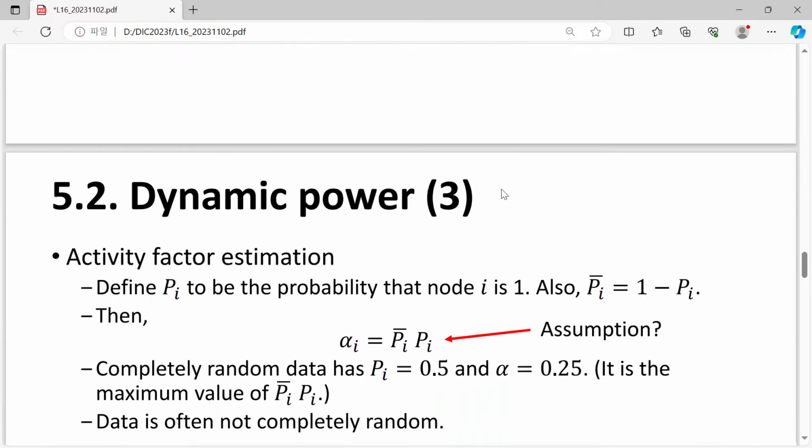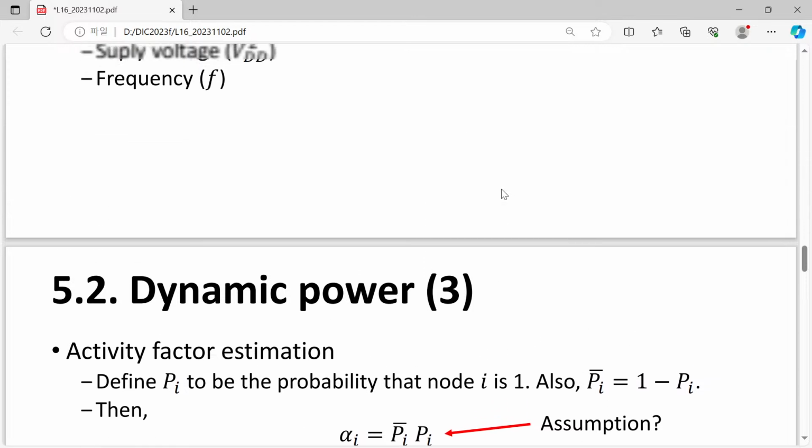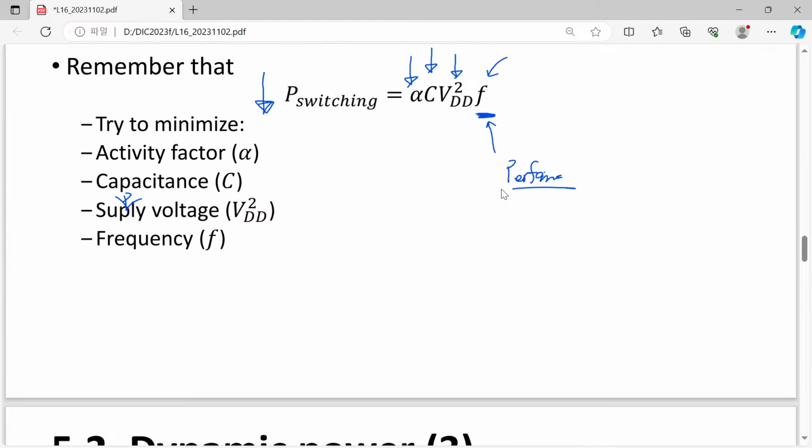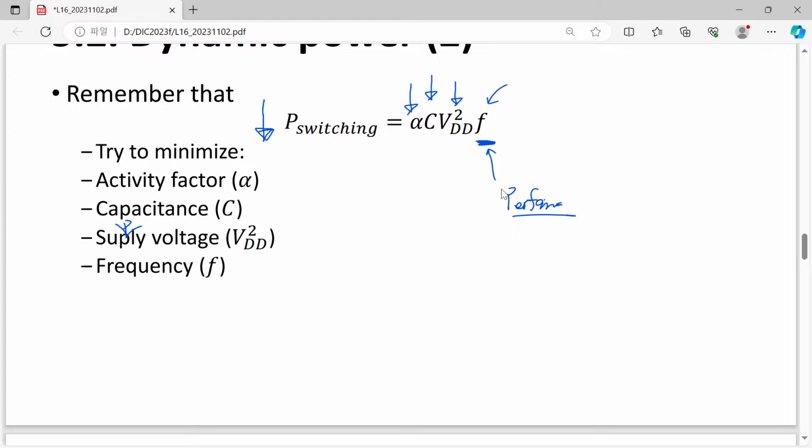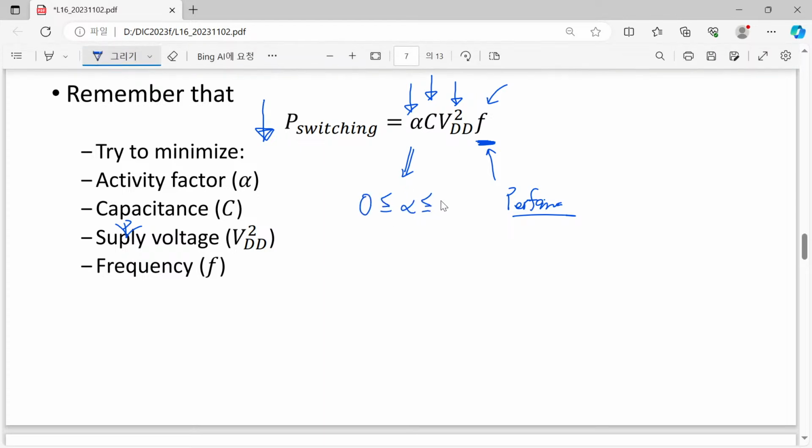Activity factor estimation. Activity factor once again means how frequently a circuit or logic gate is switched. So alpha can, of course, have a certain range like this. If alpha is 1, then the switching power is simply C V_DD squared f.